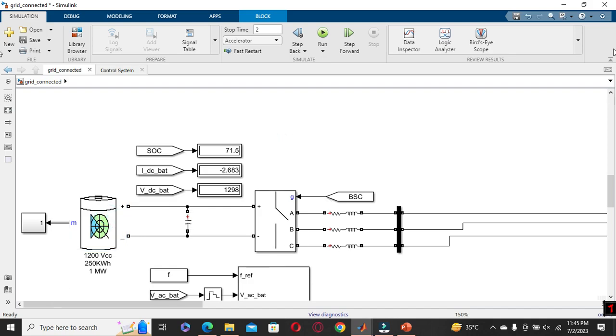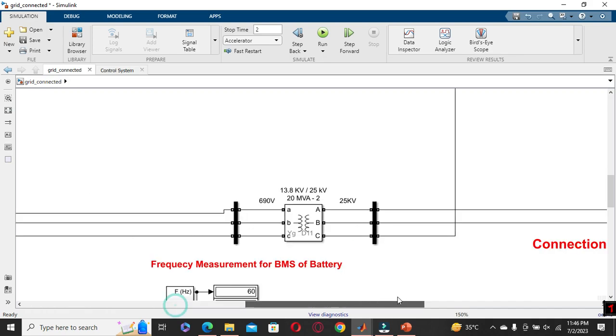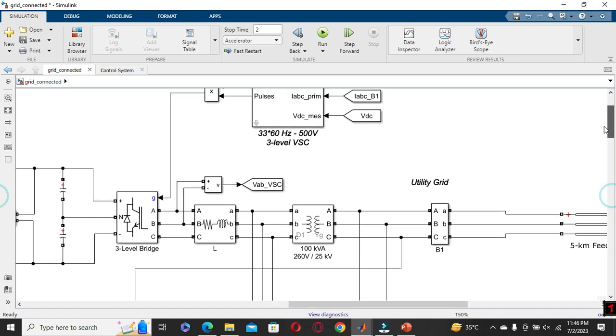So in the off-peak hours, let us suppose our solar panel is producing maximum power, so it will charge the battery, okay. And in the high demand period, let us suppose the load in this section is much higher.